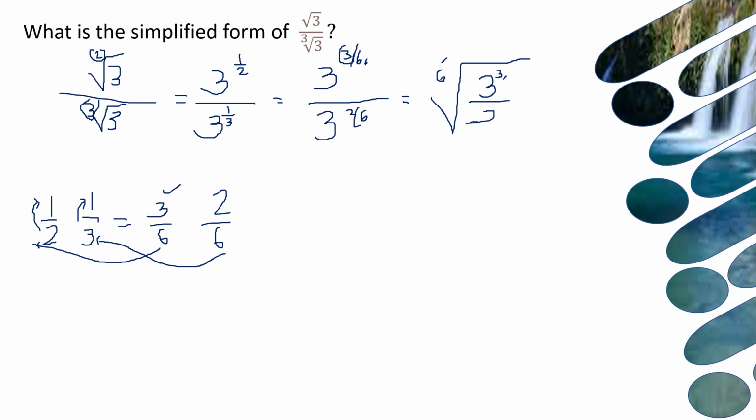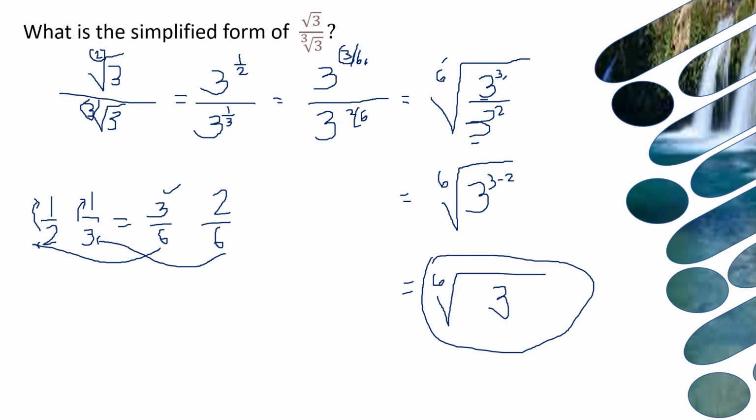So we have 3 raised to 2 or 3 squared. But since they have the same base, according to the laws of exponents, if you divide numbers of the same base, you just have to subtract their exponents. So that's 3 raised to 3 minus 2. Or in short, that's 6th root of 3 raised to 1, or simply the 6th root of 3. And that's the answer.